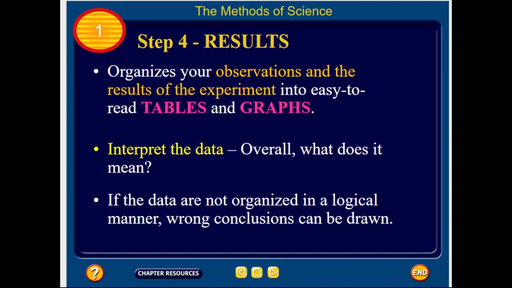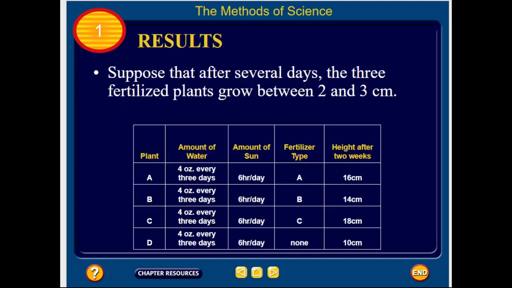In your results section, you look at your data from the experiment and you interpret it. Overall, what does it mean? If the data is not organized well, you may make the wrong conclusion. In the results section, you will have your tables of data and graphs.